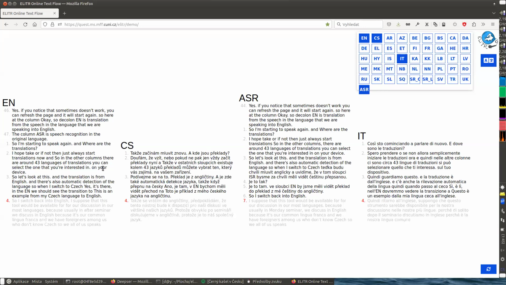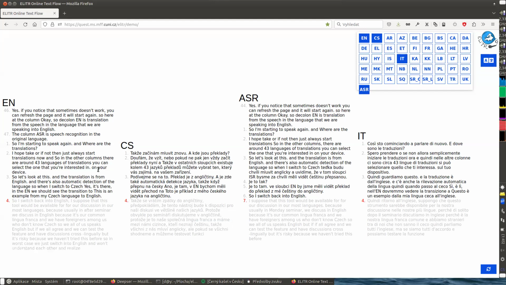But if we all agree, we can test the feature and have discussions cross-lingually. But it's risky because we haven't tried this before. So in the worst case, we just switch into English and won't understand each other and realize it later.